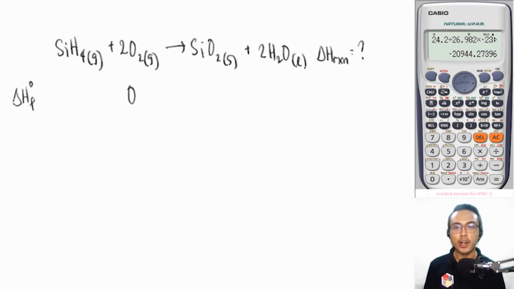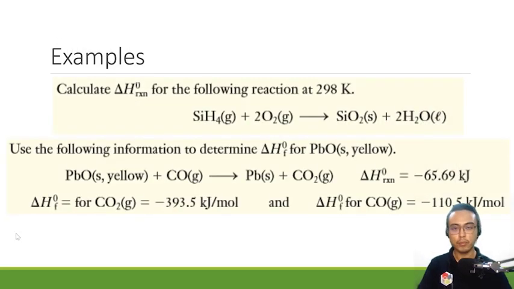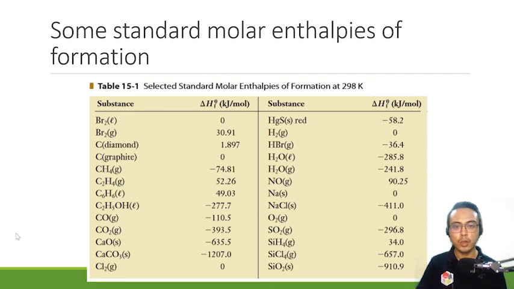Therefore, we only need to find three values of the enthalpy of formation. If we take a look at our given table, we are looking for SiH4, so it's here. The value is 34 kilojoules per mole. For SiO2 solid, we have negative 910.9 kilojoules per mole.